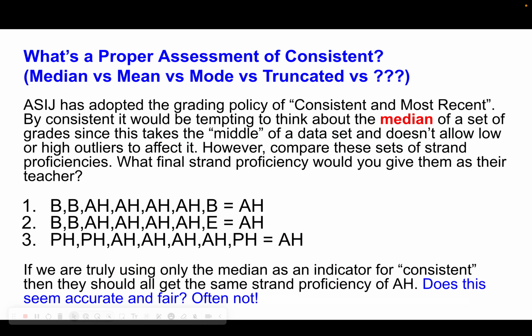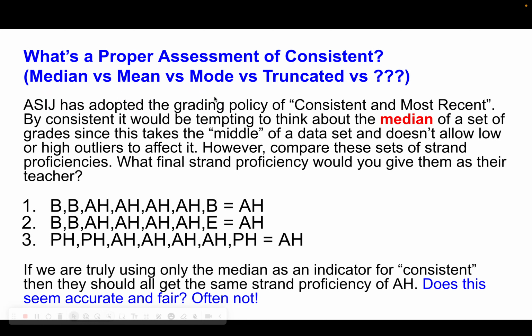So what are the different averages we could use as a teacher if we wanted? We could use the median, which, if you remember, lists out all the grades in order and then goes right in the middle of them. We have the mean, which is what everybody thinks of as the average. That's the normal average, where every single data point has weight. We have the mode, which is the most common.